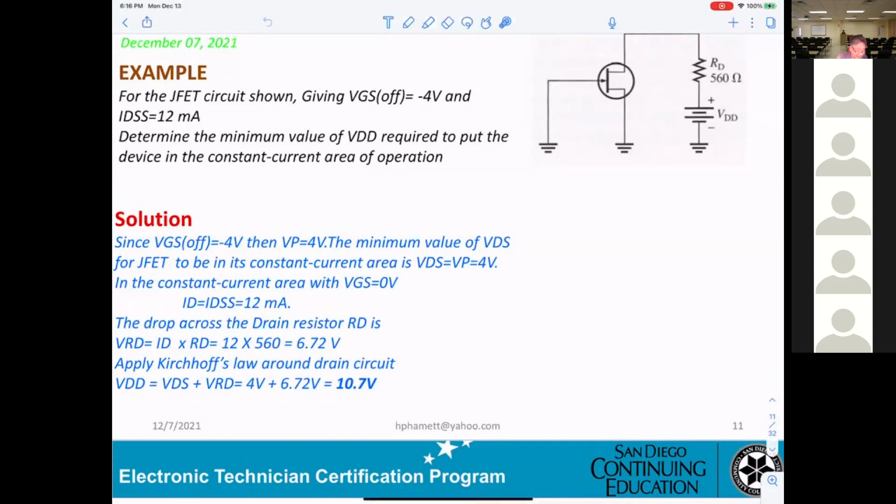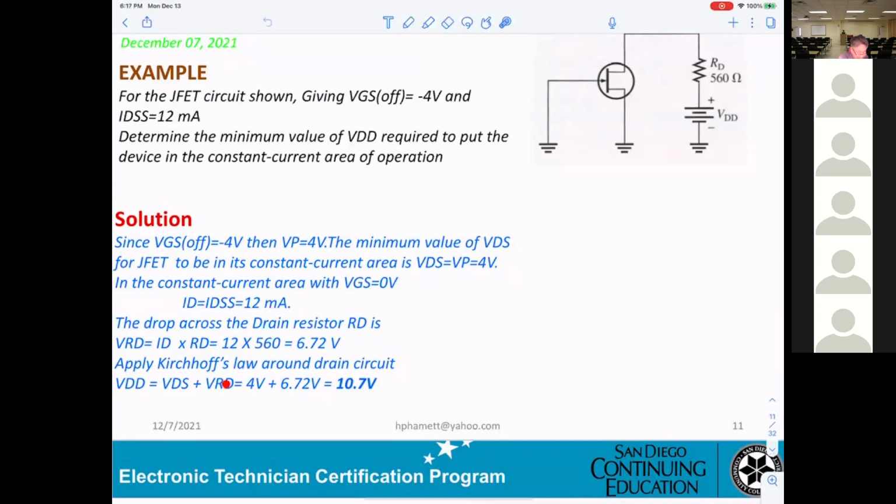In the constant current area with VGS equal 0, ID equals IDSS at 12 milliamp. The drop across the drain resistor RD, VRD, ID times RD, you get 6.72 volt.